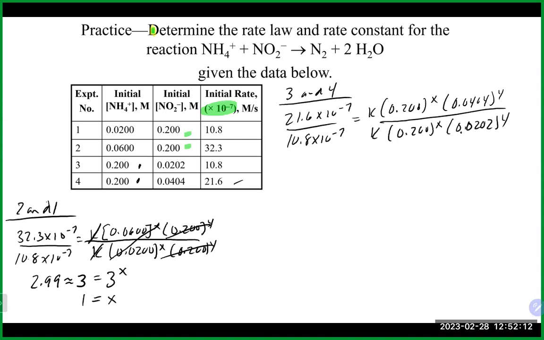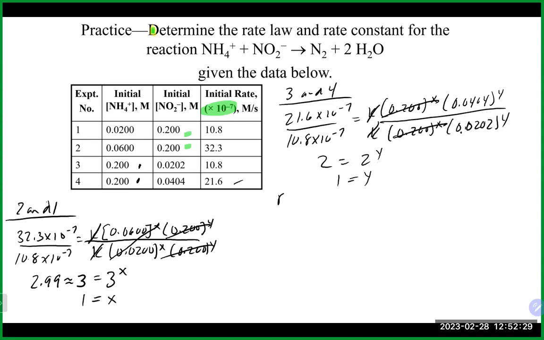No, 20. Oops, come back. Whichever way I went there. There it is. 21.6 times 10 to the negative 7 divided by 10.8 gives us a 2. These will completely cancel. And in this case, it will give us a 2 to the Y, which means Y is equal to 1.